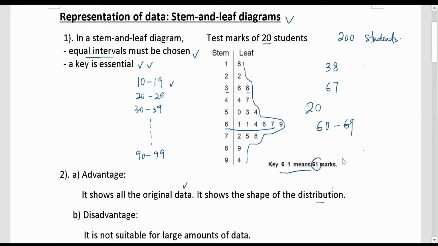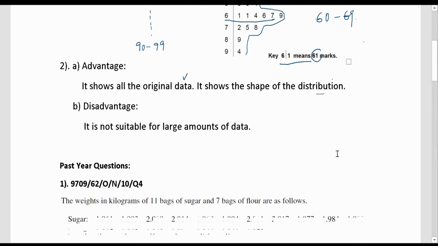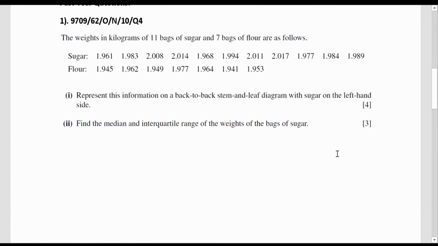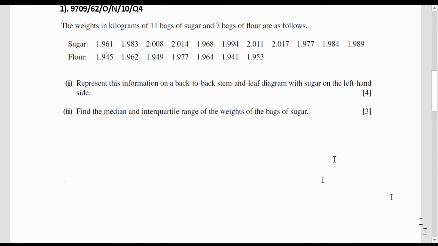All right. Okay, now we are going to have a look at a past question, and we try to construct a stem and leaf diagram using this question. This is the question from 2010, October/November, variant 6.2, question 4.